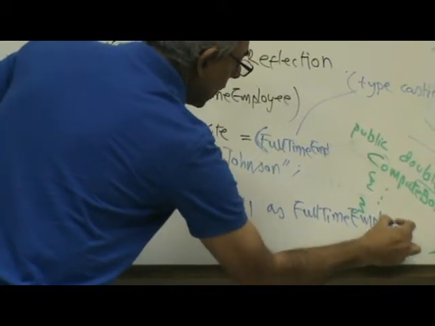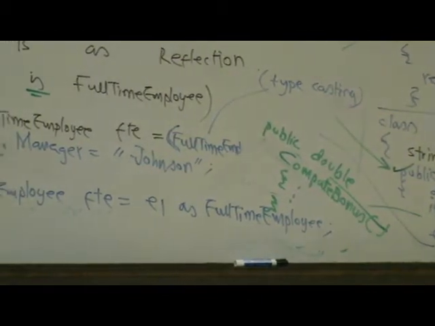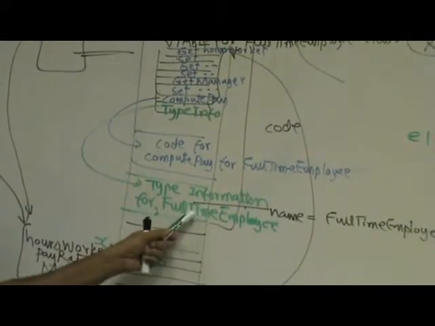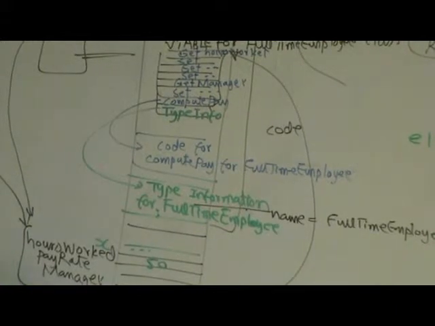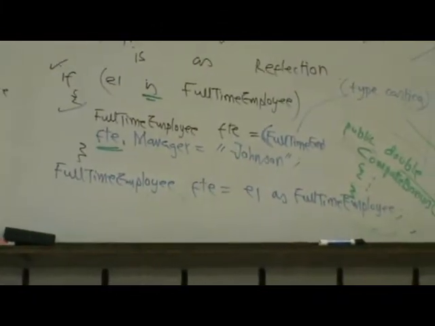So what does it do? As we discussed in the last lecture, you will start from E1, go to the vtable, go to the type info, and check is it really full-time employee. If it is full-time employee, it will bring back a reference of FTE, already pointing to the same place where E1 is pointing to. So it does two things.